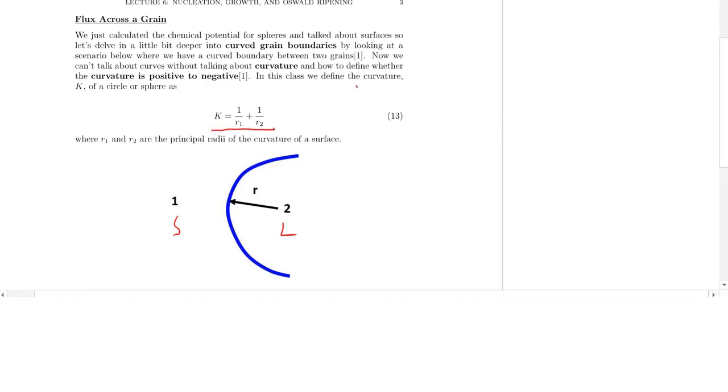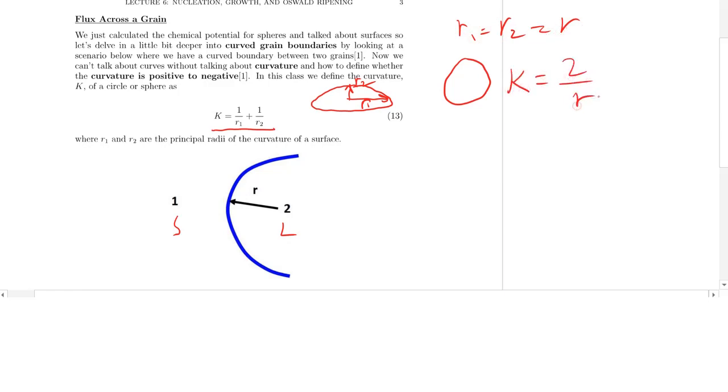If you have this ellipse shape, you're going to have principal radii R1 and R2. So what is going to be the curvature for a sphere? Well, R1 is equal to R2, which is equal to R. So my curvature here is just going to be 2 over R.